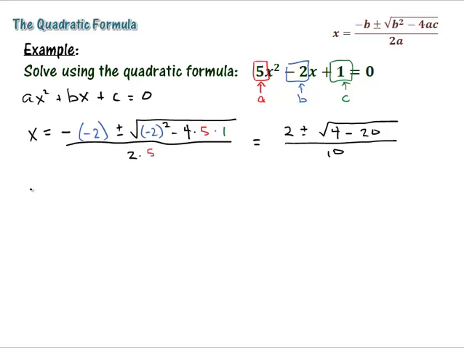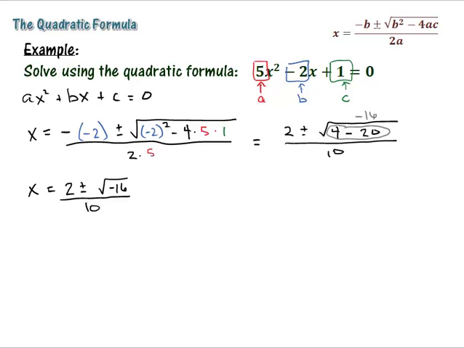Now let's simplify further, and notice that inside my radical, 4 minus 20 gives me -16. So we're going to write x equals 2 plus or minus the square root of -16 all over 10.